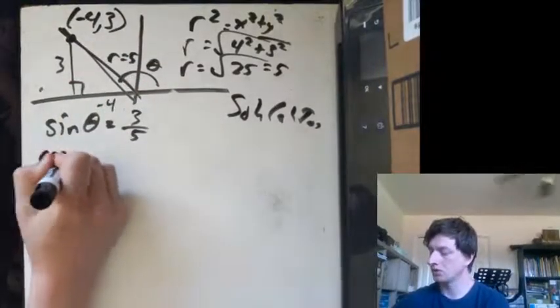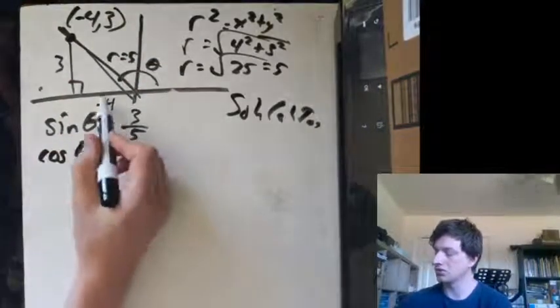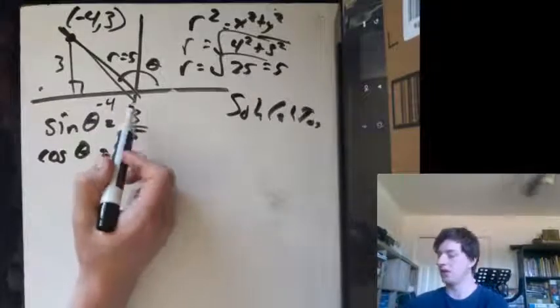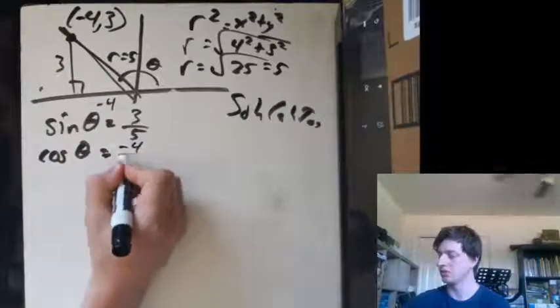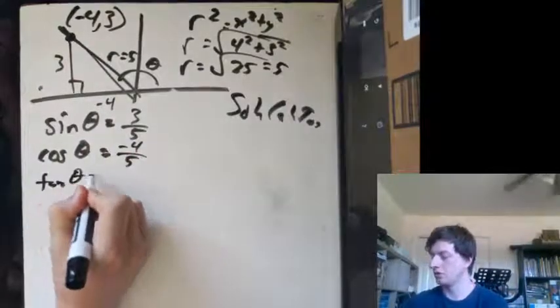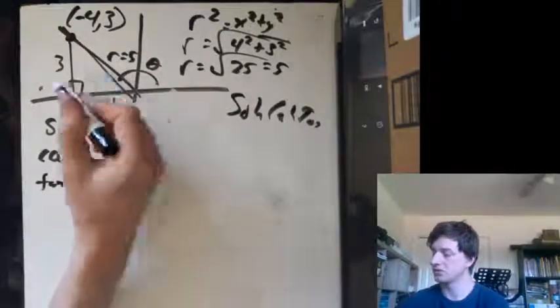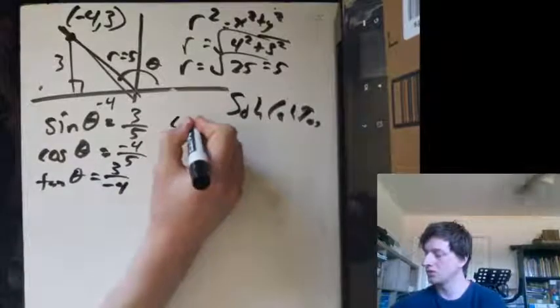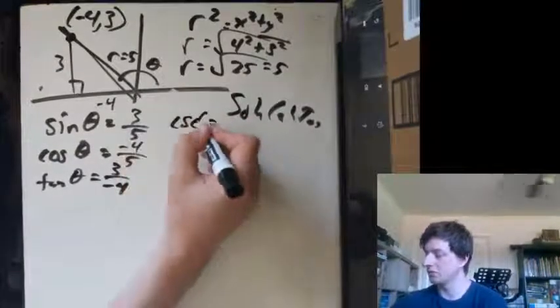And then cosine of theta is going to be adjacent. It's going to be 4. Now, it's a negative 4, right? So this is a negative 4 over 5. Tangent of theta is opposite over adjacent, so it's 3 over the negative 4. Cosecant is this fraction just flipped over.